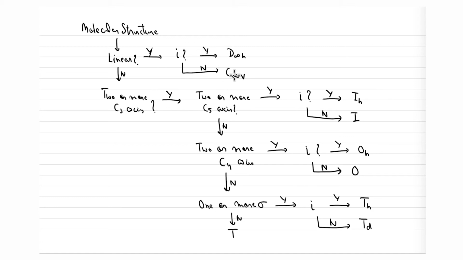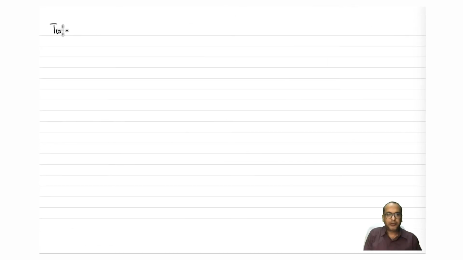So this section basically covers the cubic point groups over here, and then you have the infinity point groups over here. Now let's go to two or more C3 axes if it is no. We'll have to go to the next page because this will take the entire page. So let's go to two or more C3 axes, and it was the no side.